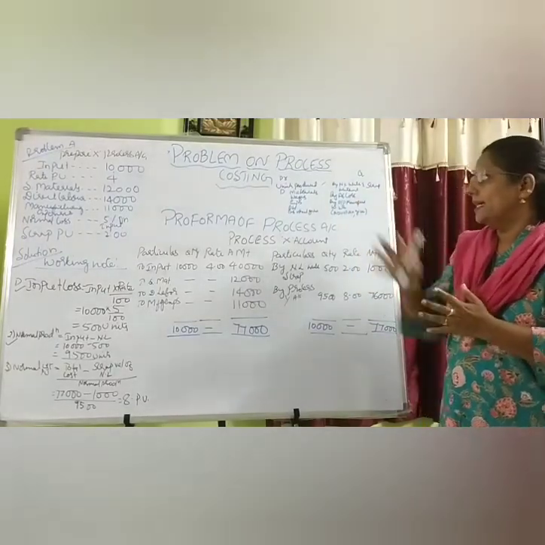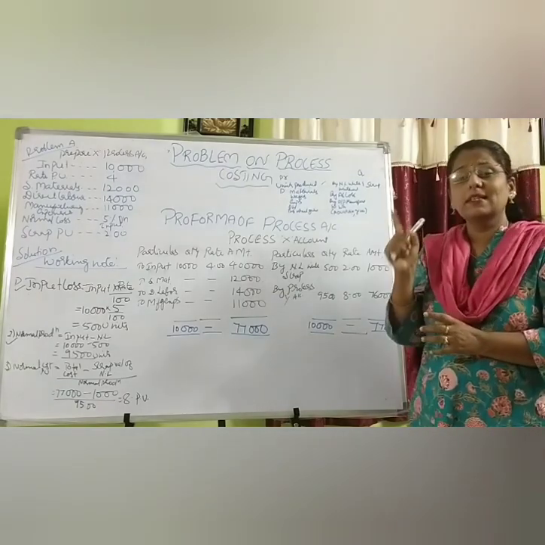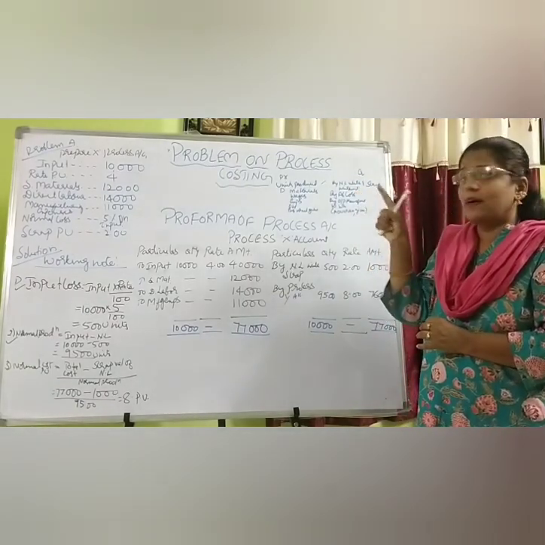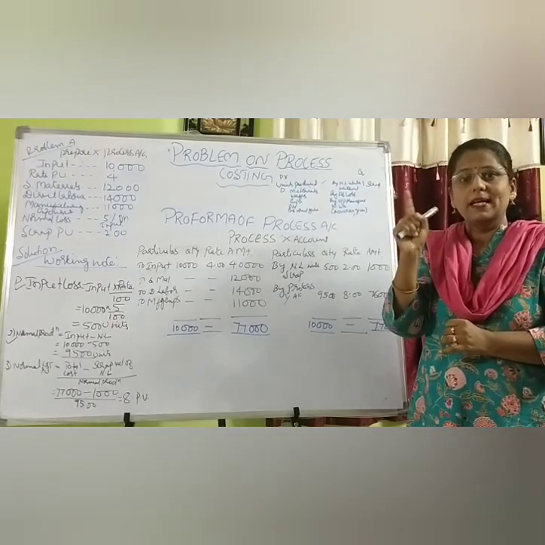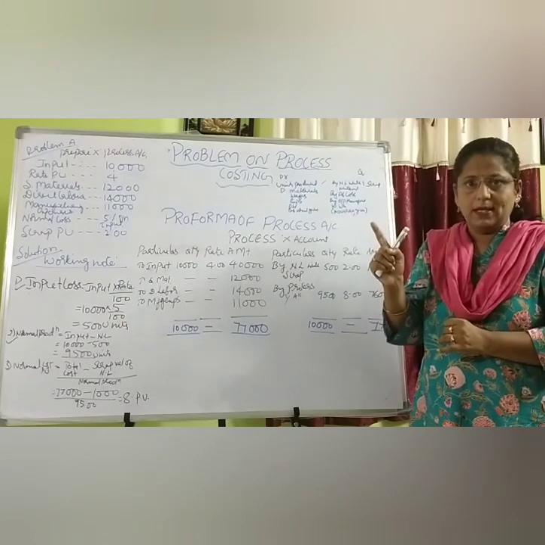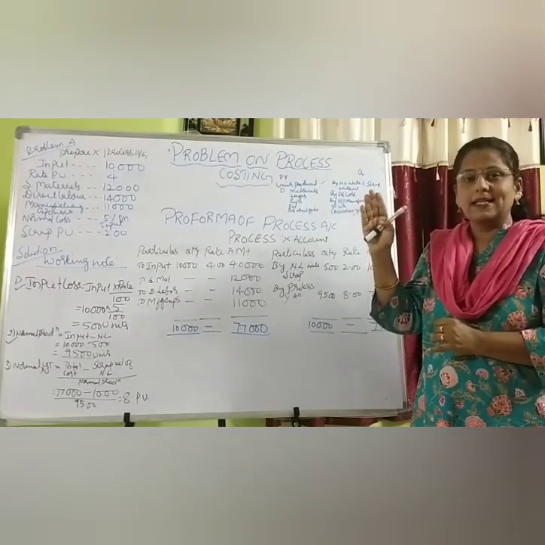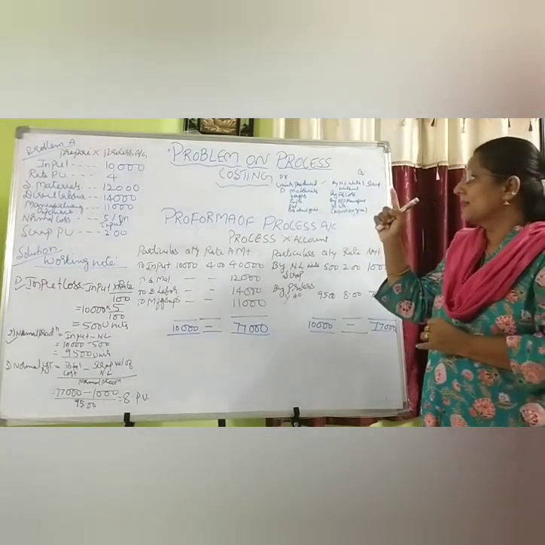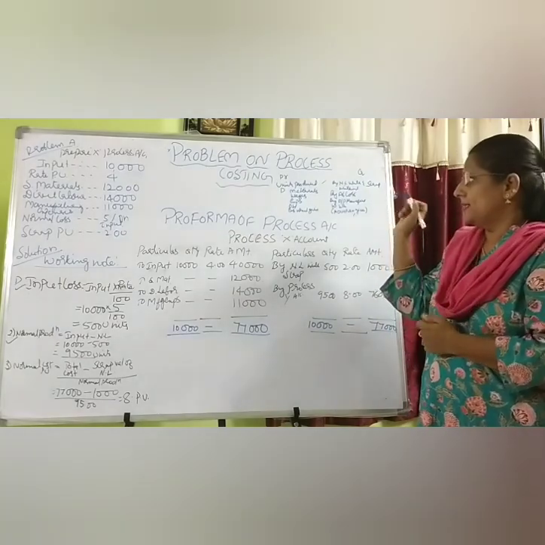Here, under process costing, the first thing we have to consider is the units produced. We have already discussed in the theoretical aspect that process costing is related to the manufacturing process, which has to go through different stages, and each stage is called a process. So the first thing is the units produced, that is the quantity, rate into amount.